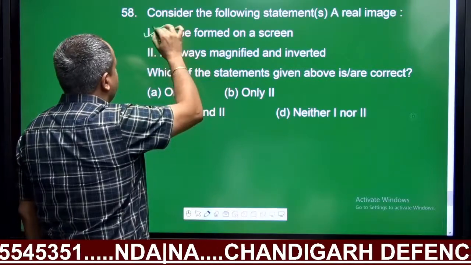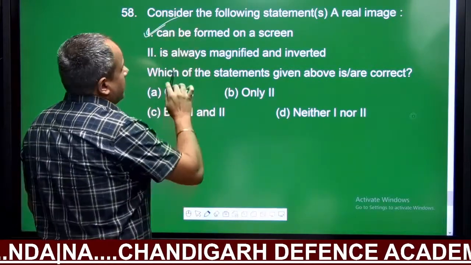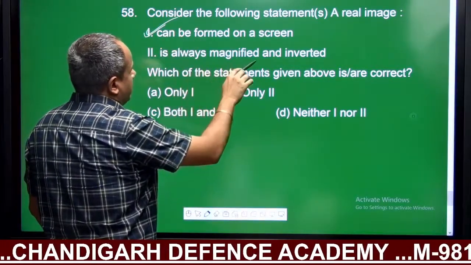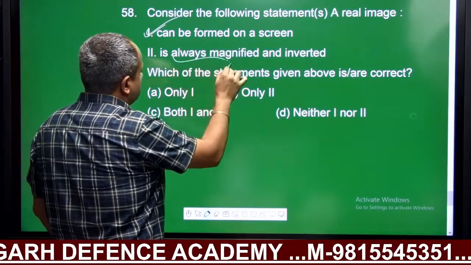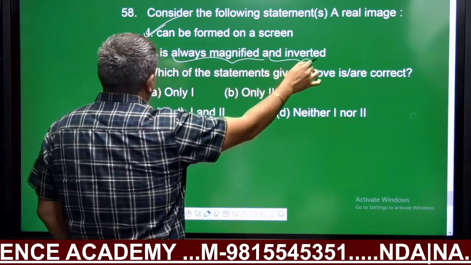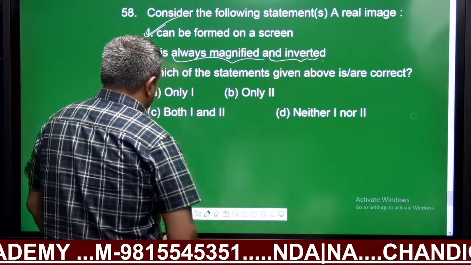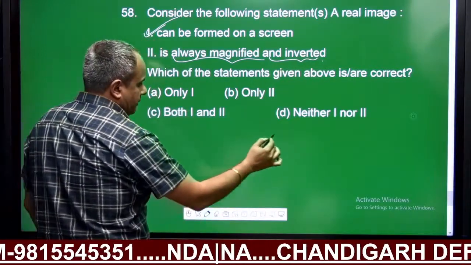रियल इमेज कैन बी फॉर्म्ड ऑन द स्क्रीन. रियल इमेज इज ऑलवेज मैग्निफाइड एंड इन्वर्टेड. इट इज अ डाउटफुल स्टेटमेंट फॉर मी. लेट मी शो यू द वन डायग्राम हियर. मैंने पहले भी बनाया था.